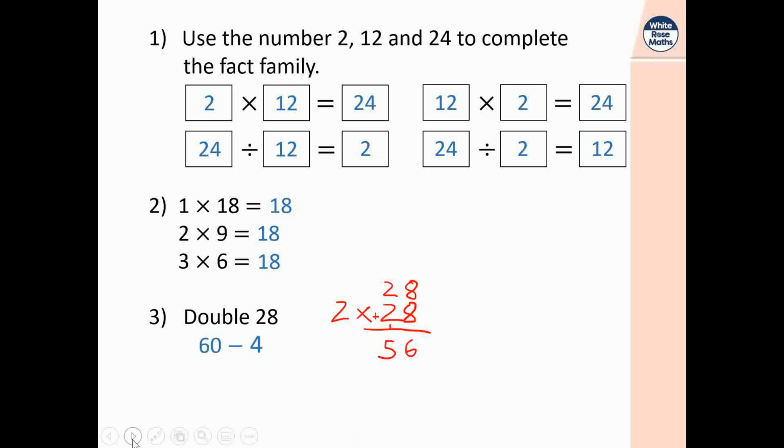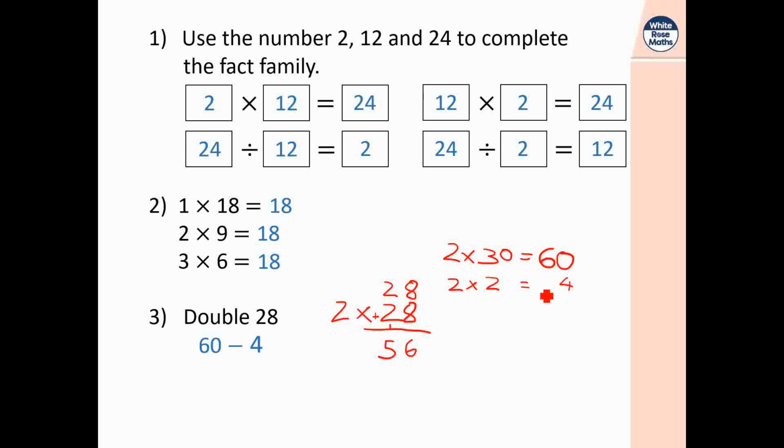All right. Oh, they've done it a different way. Okay, so 28 is very close to 30. So what you could do is 2 times 30, which gives you 60. 2 times 3 is 6, and then you have the 0. But, of course, 30 is too much, and it's too much by 2. So then you have 2 times 2, which equals 4.